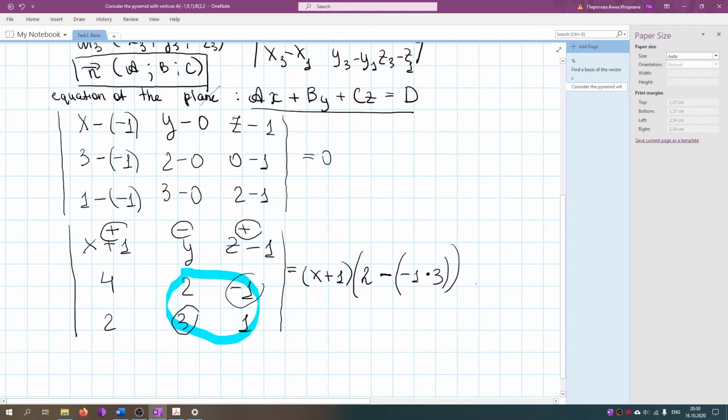And close the brackets. So the next element is with minus y, because we have minus here.